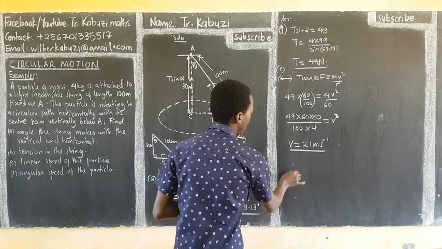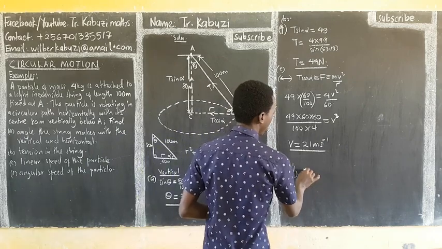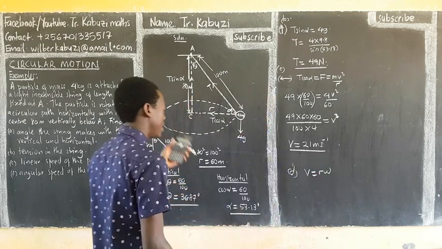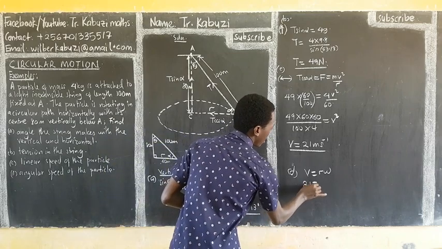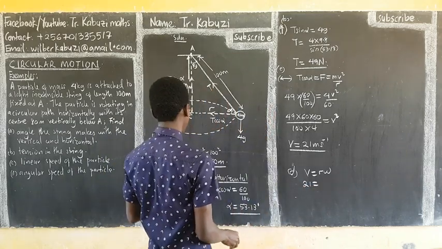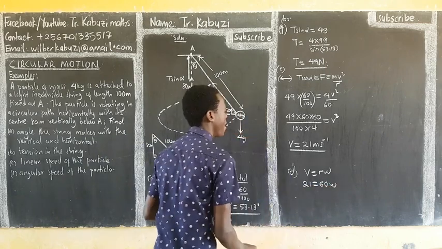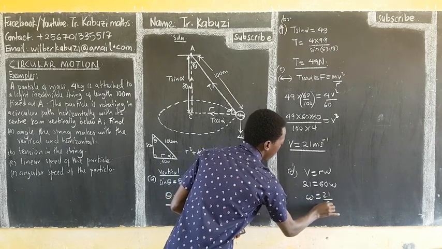Then part B, you want me to get the angular velocity. All I know is the angular velocity omega is equal to the linear velocity over the radius. So this one is 21, and our radius is 60. So omega is going to be equal to 21 over 60.